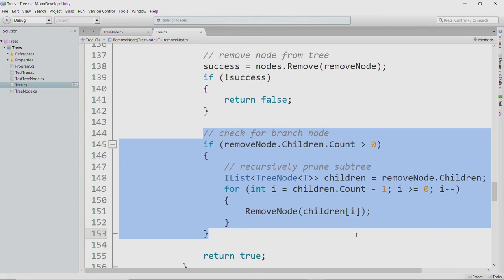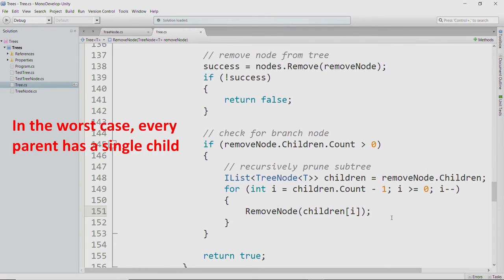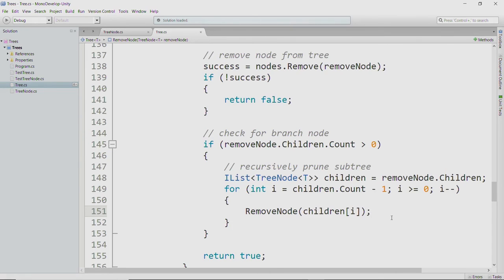So the question is, how many recursions are we going to do? And the answer is, in the worst case, we have a tree where every parent has a single node. So this is essentially a linked list. And so there's no branching out. So in the worst case, we're trying to remove the node just below the root.